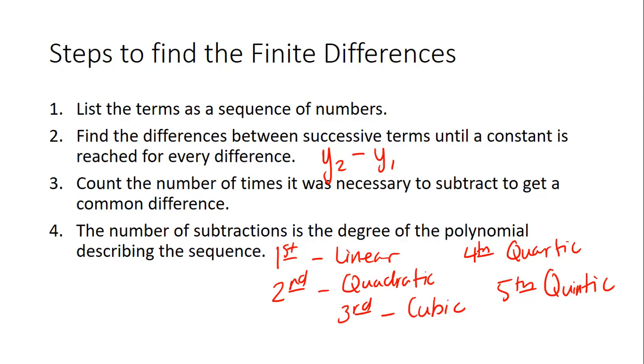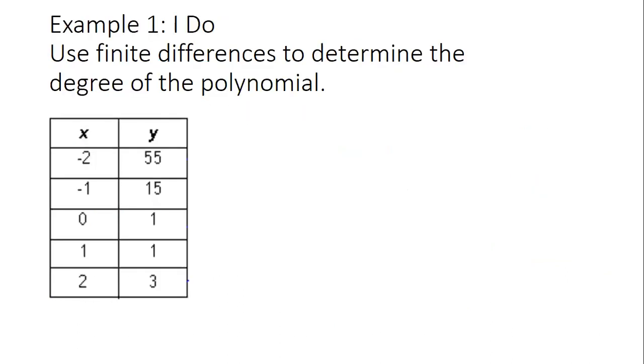All right. First things first, are my x's in numerical order? Yes. Are they equally spaced? They are, everyone is one apart. So I'm good to go to subtract. What is 15 minus 55? Negative 40. Next, what is 1 minus 15?